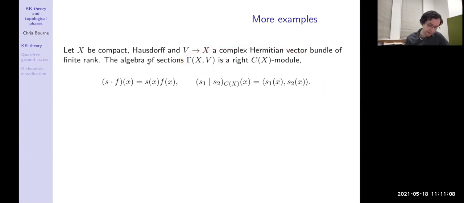This section algebra you can equip with a right, or actually it can be left as well because this algebra is commutative, C(X)-module structure, because this is a perfectly reasonable C-star algebra. And the right action is just pointwise multiplication, and I use the Hermitian structure of this vector bundle to give me my C(X)-valued inner product, where I just take the Hermitian inner product pointwise.